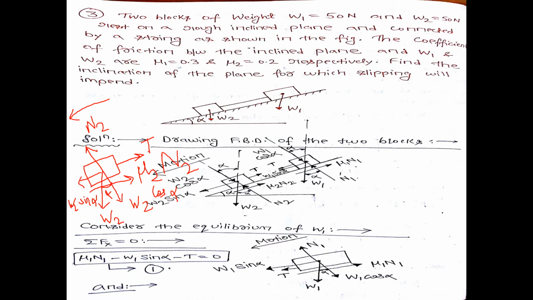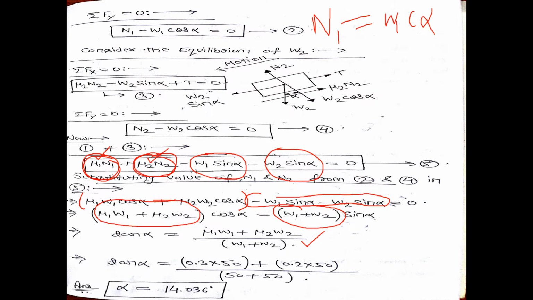Mu1 is given in the problem as 0.3, mu2 is given as 0.2, and w1 and w2 are equal to 50 Newton.